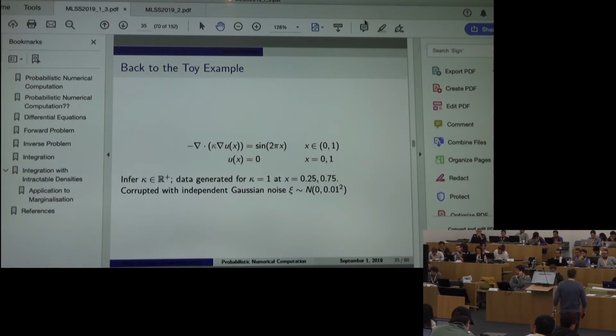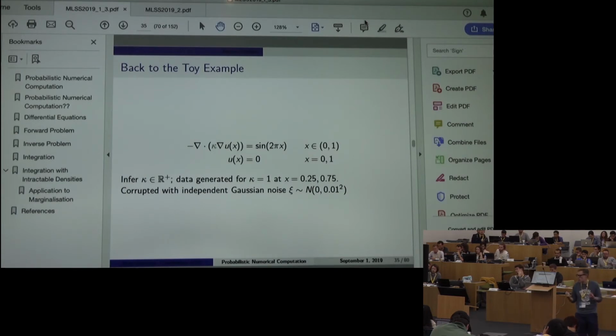So not a lot. Okay? So observations from 2 points on the domain. And what we want to do is solve the inverse problem. We want to get the distribution for kappa given the data that we're going to observe at these two locations.